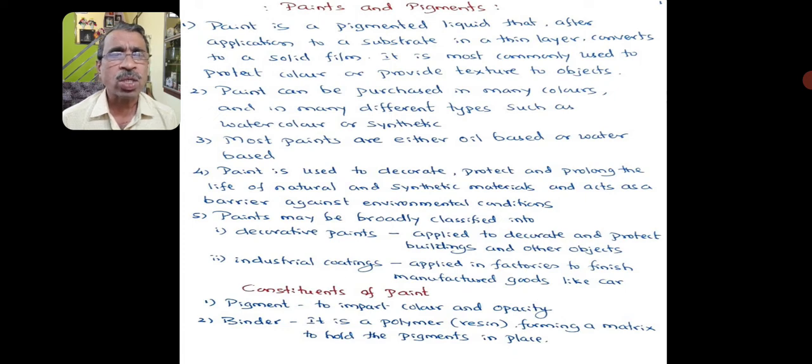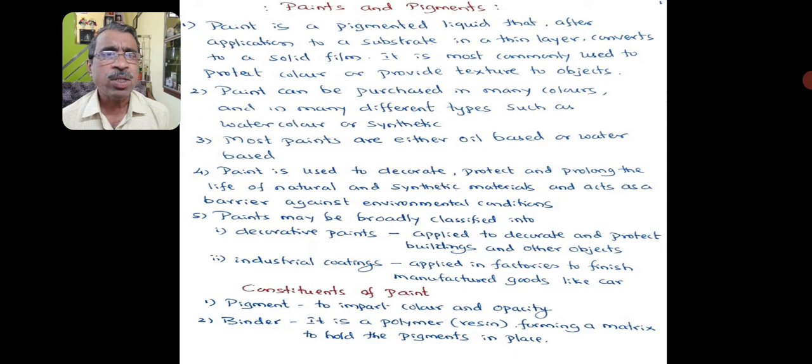Industrial coatings are applied in factories to finish manufactured goods like cars, buses, two-wheelers, mopeds, and even various machines and other materials. Let us learn about the constituents of a paint.